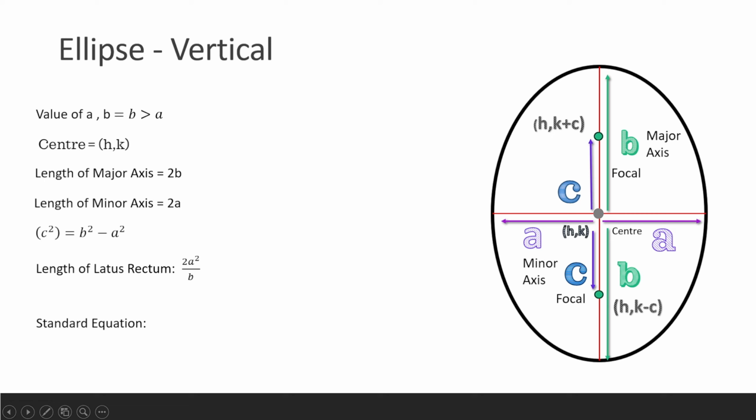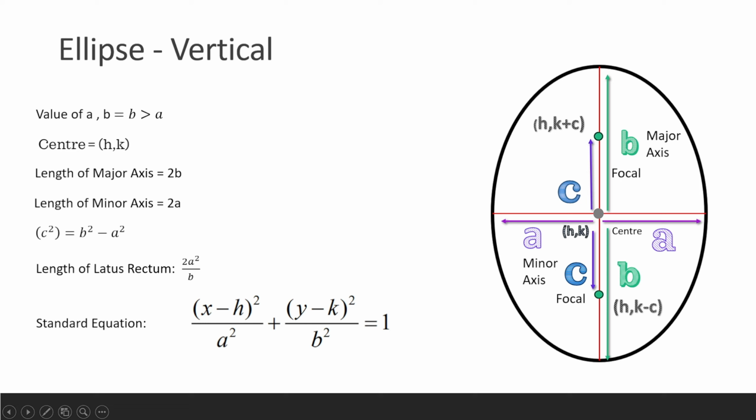This is the major axis now. And the length of the minor axis is 2a. You still use the same formula to find the value of c. And the standard equation is still the same: (x minus h) squared over a squared plus (y minus k) squared over b squared equals 1.